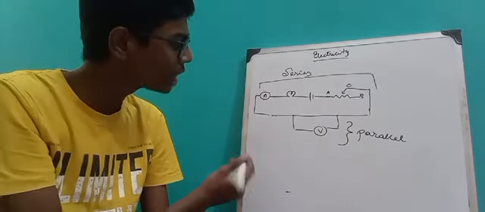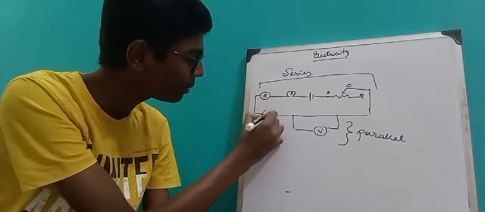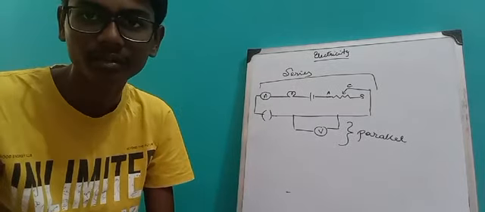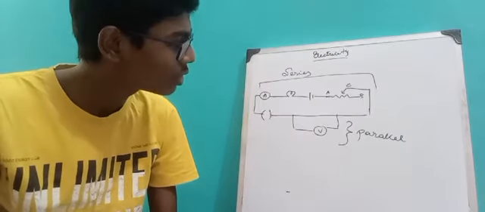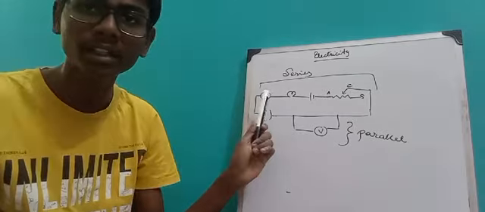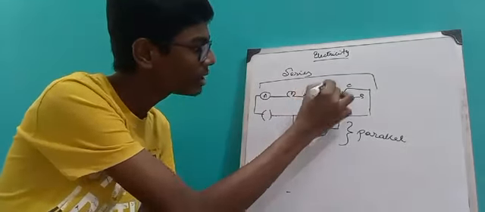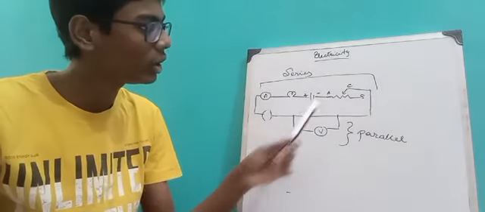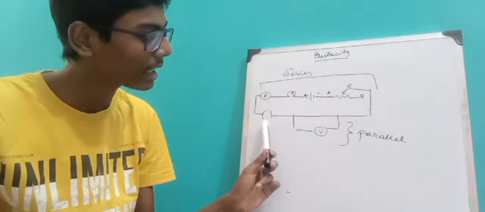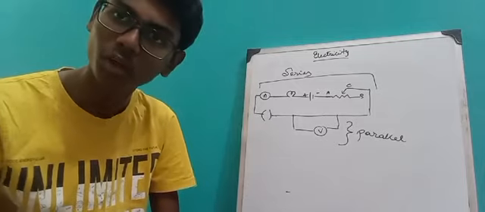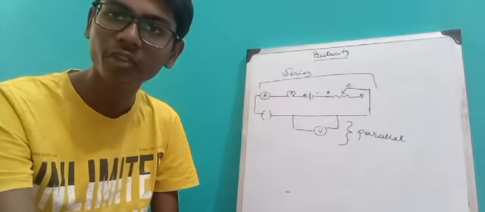As I have not connected a key over here, I'm just adding a plug key. So this circuit consists of ammeter, bulb, cell, rheostat, plug key and voltmeter. So this was all for today.